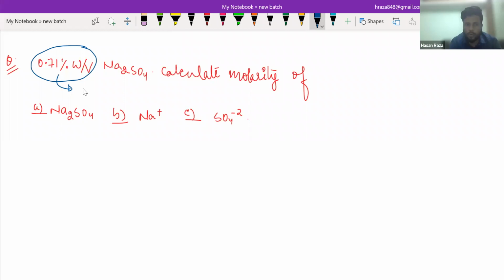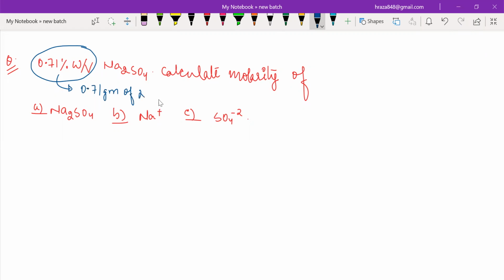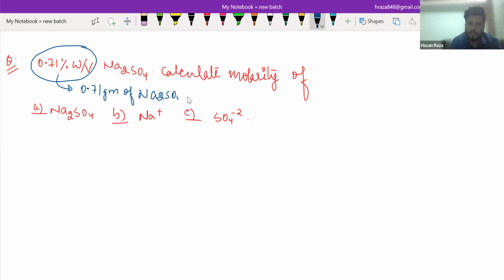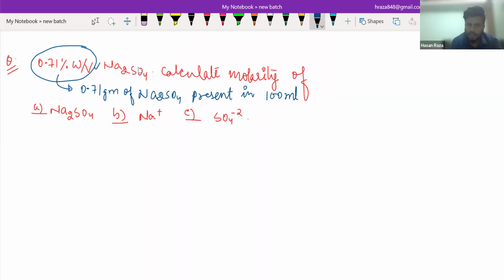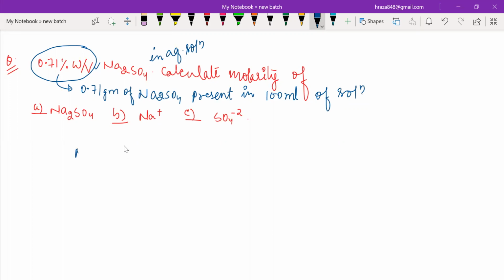If you write it as a sentence, what will you write? 0.71 gram Na2SO4 present in 100 ml of solution, because it is volume. Always remember Na2SO4 is in aqueous solution, 100 ml of solution. Now we are going to calculate molarity.